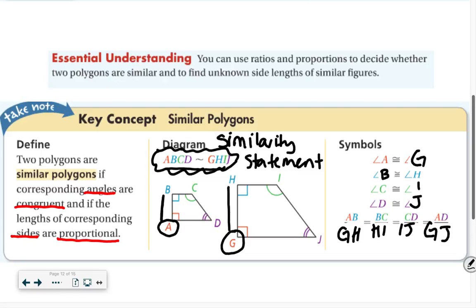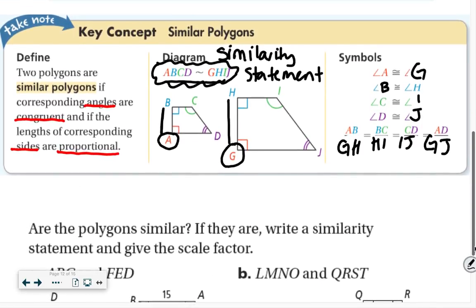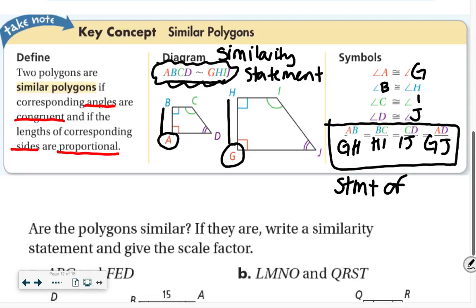Okay. So like I said, they kind of match like we did for congruent triangles. This, where our sides are all set up equal in one row, is called the statement of proportionality, or of proportions.